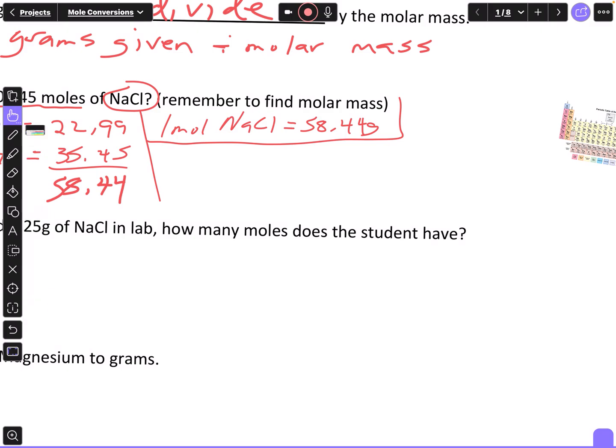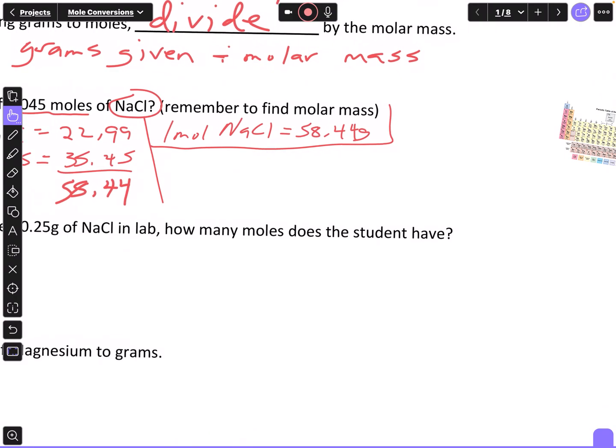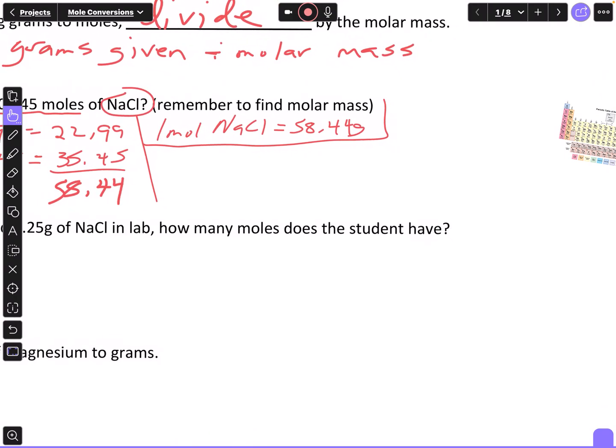So if I'm starting with 0.045, and that is moles. And like moles, we can abbreviate MOL, so I'll write that way a lot. Moles of NaCl.